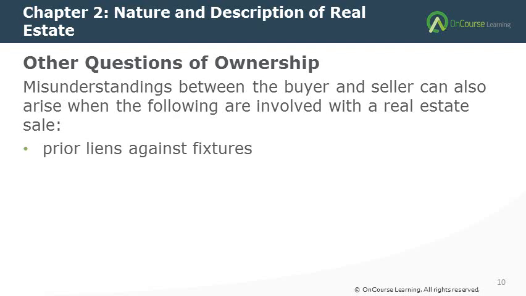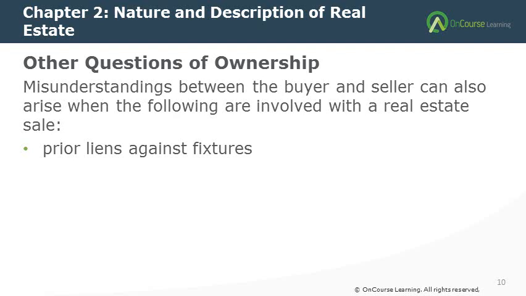Some other questions of ownership include prior liens against fixtures. It is very common for people to finance, usually through a credit card, certain home improvements, like perhaps a new central air conditioning system. The new system, before it is installed, is personal property, and people will finance that.